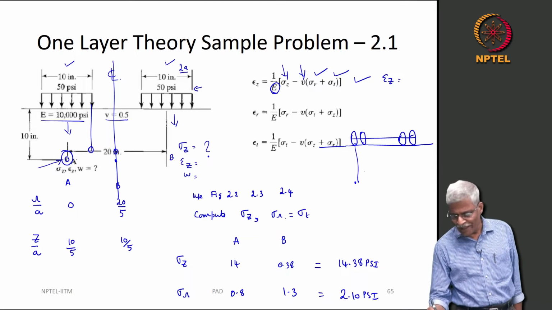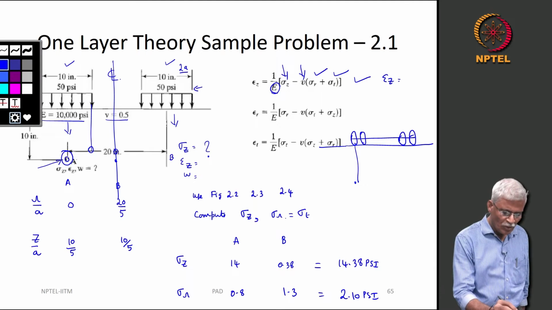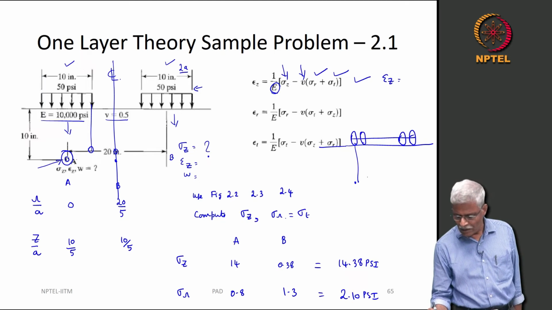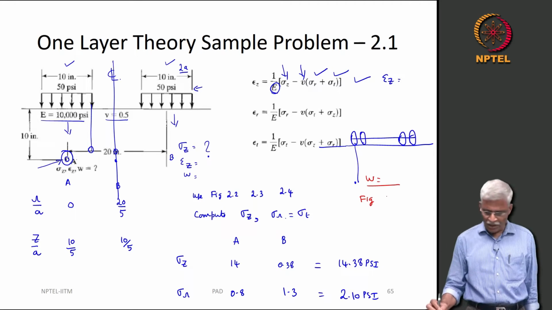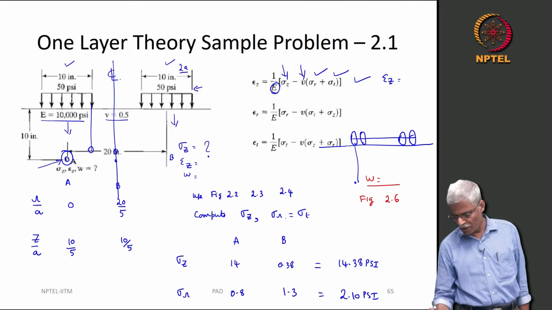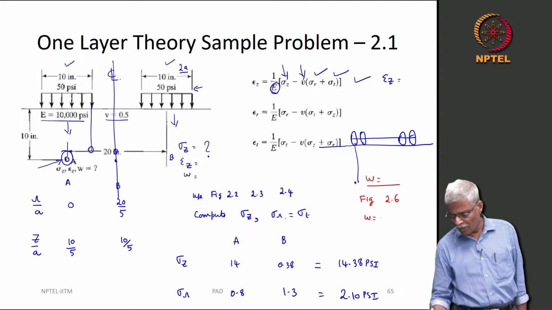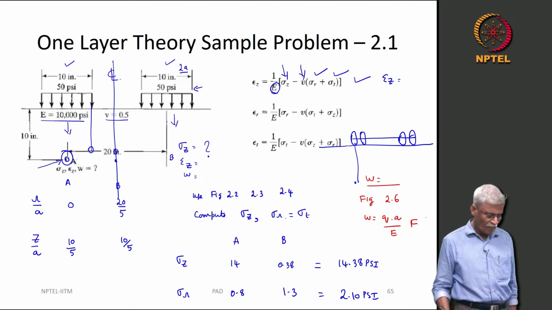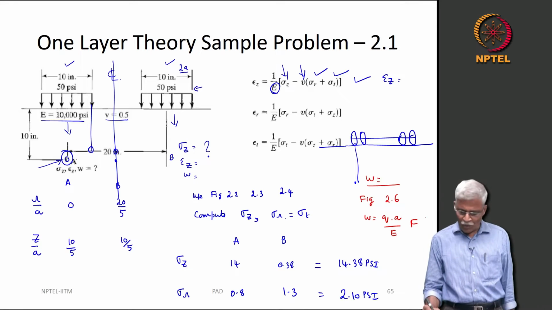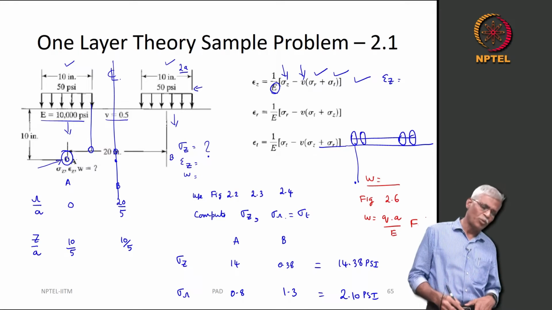To find the deflection, maybe I will use a different color. Find the deflection, use figure 2.6, which says W is equal to Q times A by E times F. Now, again you need to do the superposition.